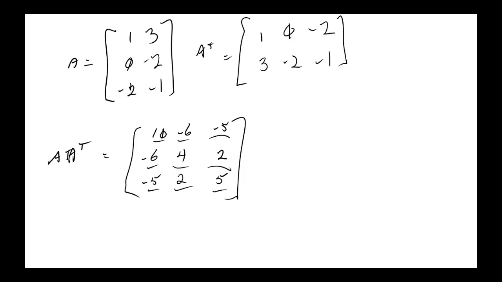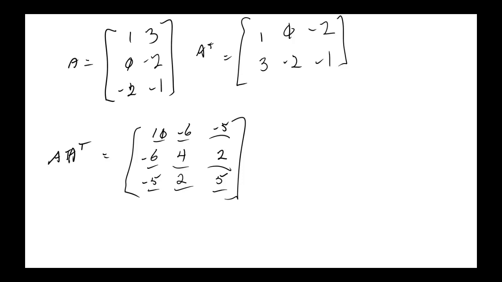Now that's one manifestation of it, but the classbook definition is that to be symmetric, the rows and columns have to be the same. 10, -6, -5; -6, 4, 2; -5, 2, 5.